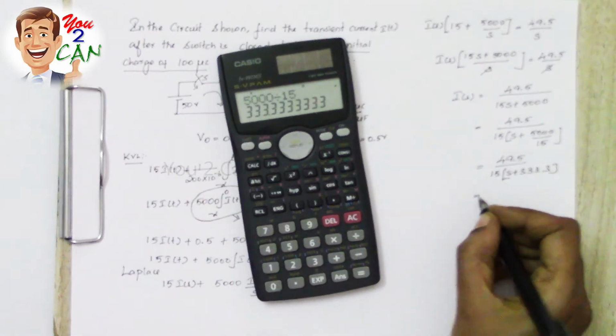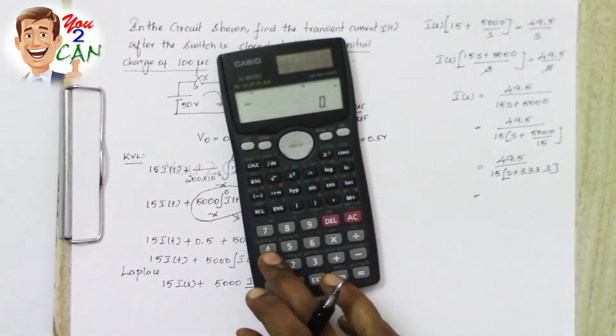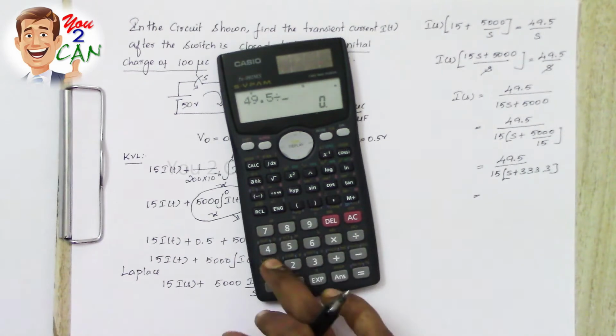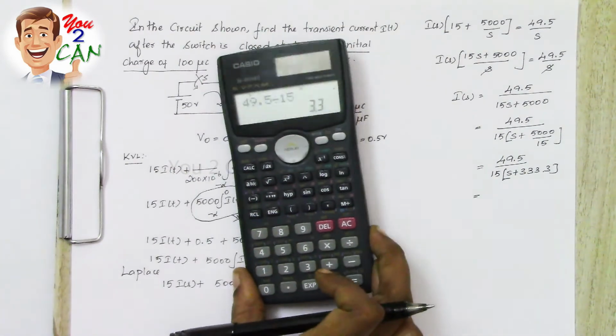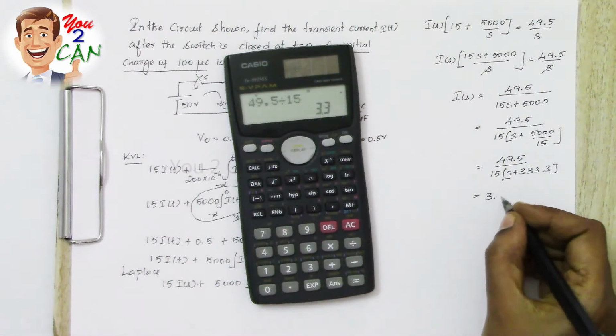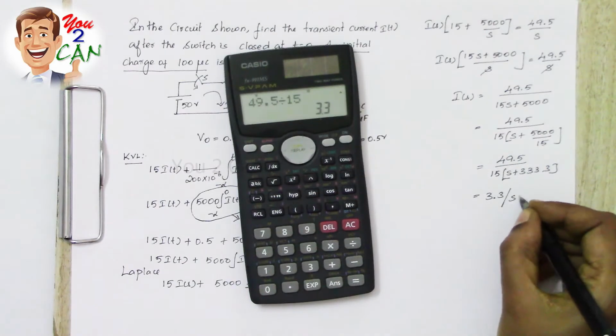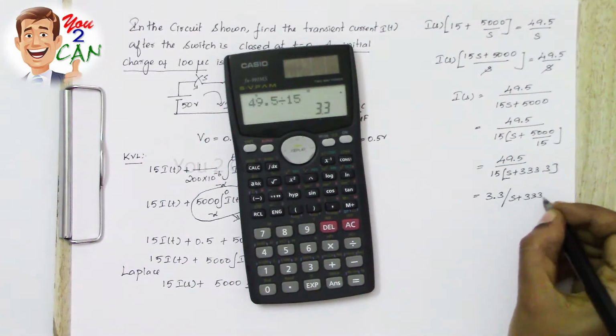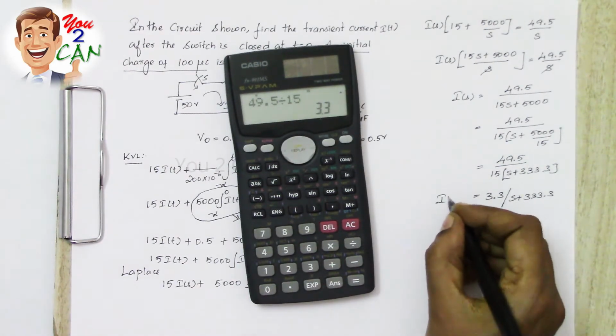And what is 49.5 by 15? 49.5 divided by 15 will be equal to 3.3. So 3.3 divided by s plus 333.3. This is your I of s.